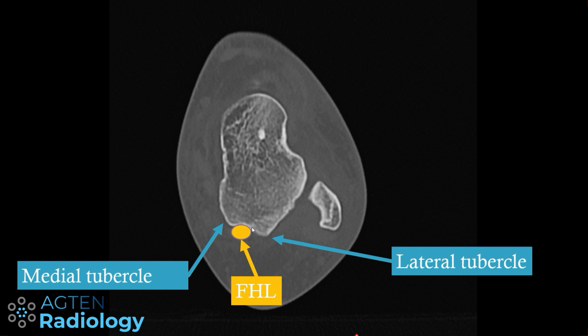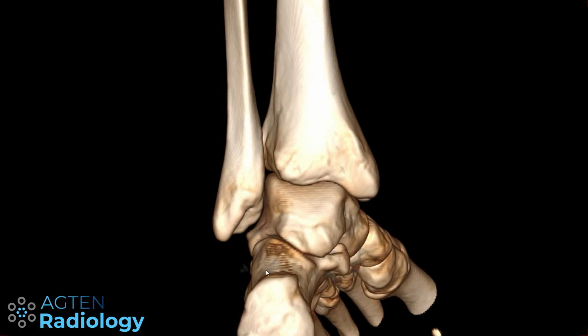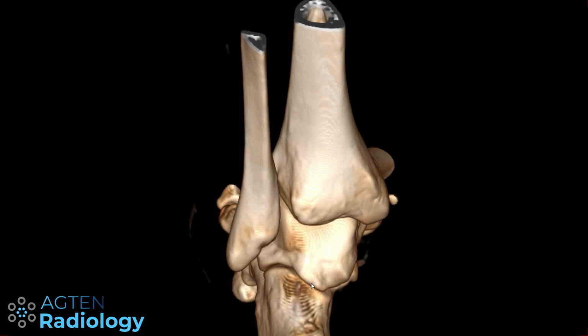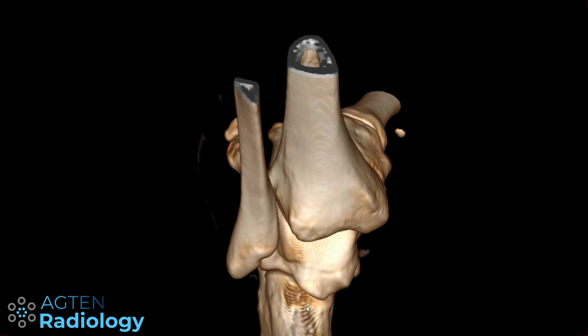In between we have this groove, and there runs the flexor hallucis longus tendon, in this groove between these two tubercles. I can also show you this in this 3D image. This is now a posterior view, and you can clearly see the lateral tubercle and the medial tubercle, with this groove where the FHL tendon runs down below.